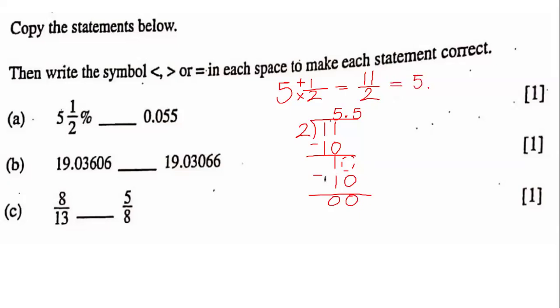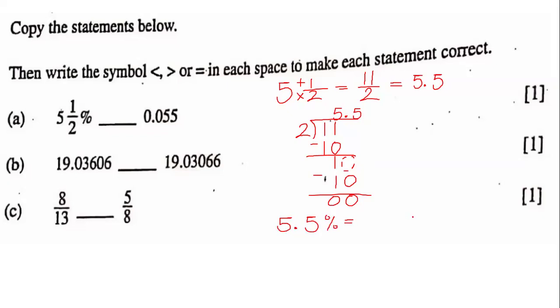5 point what? 5.5, right? Now with 5.5, we want to say 5.5 what? Percent, right? What does that mean? Divided by 100. That means that we have to divide it by 100.